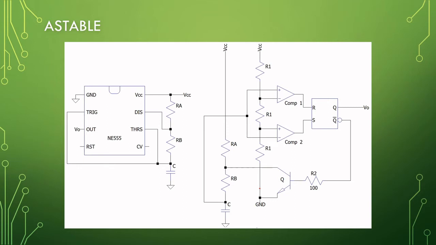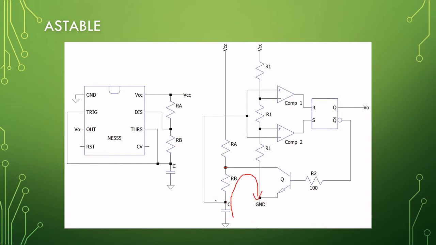The astable is when we connect the trigger and the threshold together and place it at the capacitor. Okay, and the discharge is here between a resistor voltage divider. So when this discharge is on, so when this is a ground, our capacitor will discharge through RB towards ground.